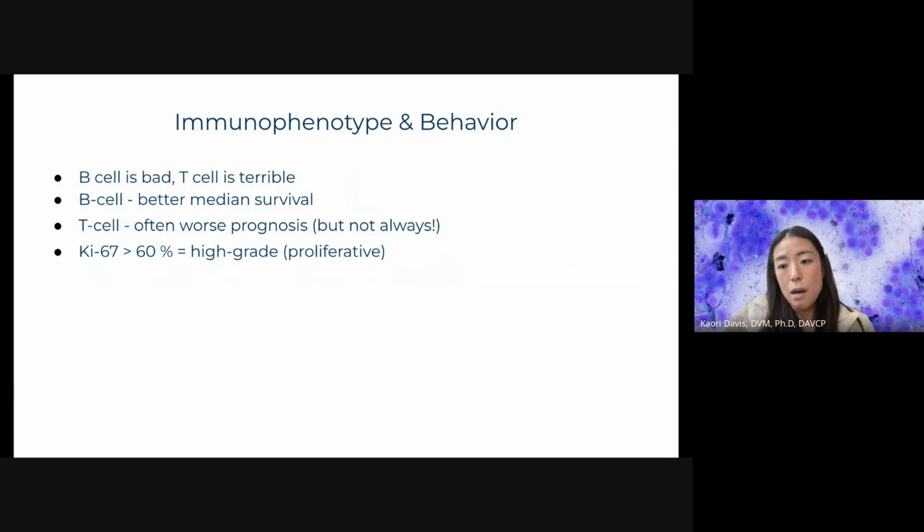Some T-cell lymphoma subtypes have longer survival time compared to some B-cell lymphomas. And Ki67 is another marker that we can use to differentiate proliferating versus non-proliferating cells. High-grade lymphomas usually show 60% or greater positivity of Ki67.